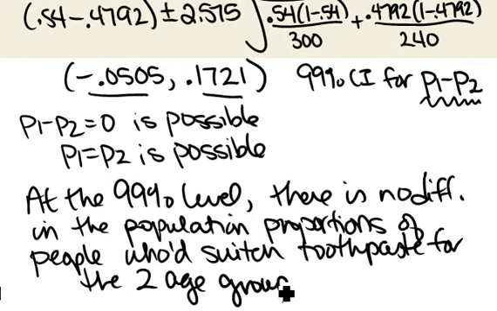So we cannot say that we'd have a difference here if we were able to look at the whole population and calculate the proportion for each group.